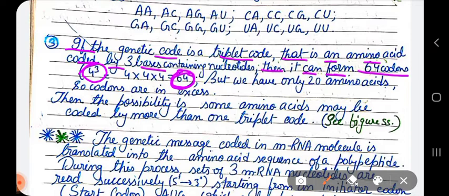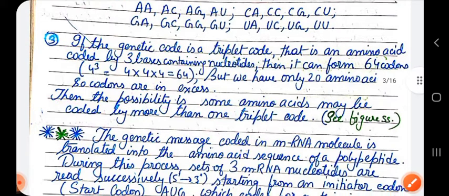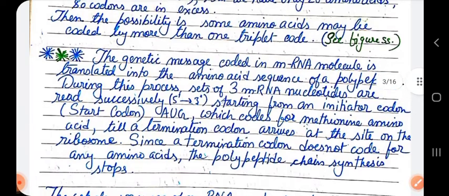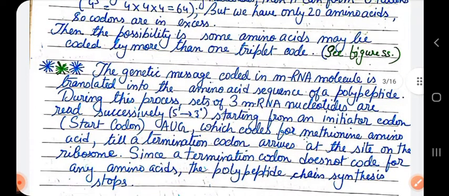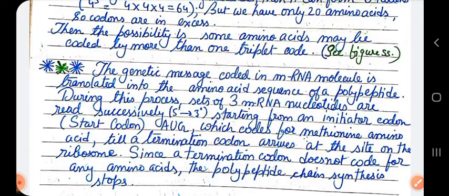Obviously there will be more than one codon coding for a specific amino acid. So some amino acids may be coded by more than one triplet code. I think you have understood what I have said. Therefore the genetic code is always triplet. The codon is always triplet.